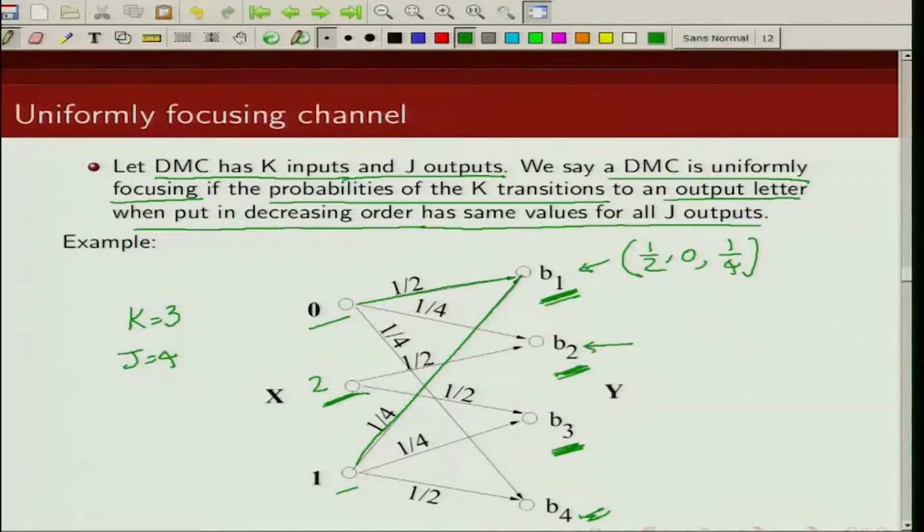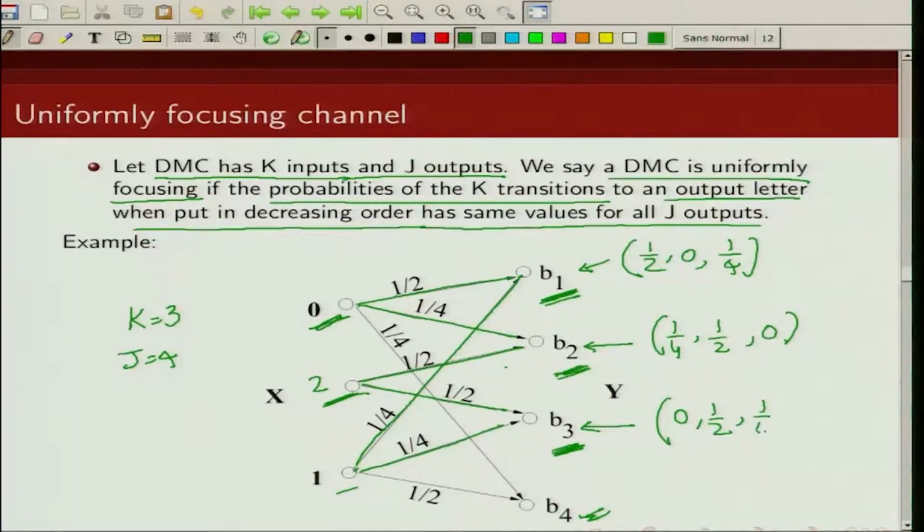Look at this particular output. The transition from input 0 has probability 1 by 4, the transition from here has probability half, and from here it is 0. There is no transition. Similarly for B3, there is no transition from input 0. From this input the transition probability is half and from this input it is 1 by 4.